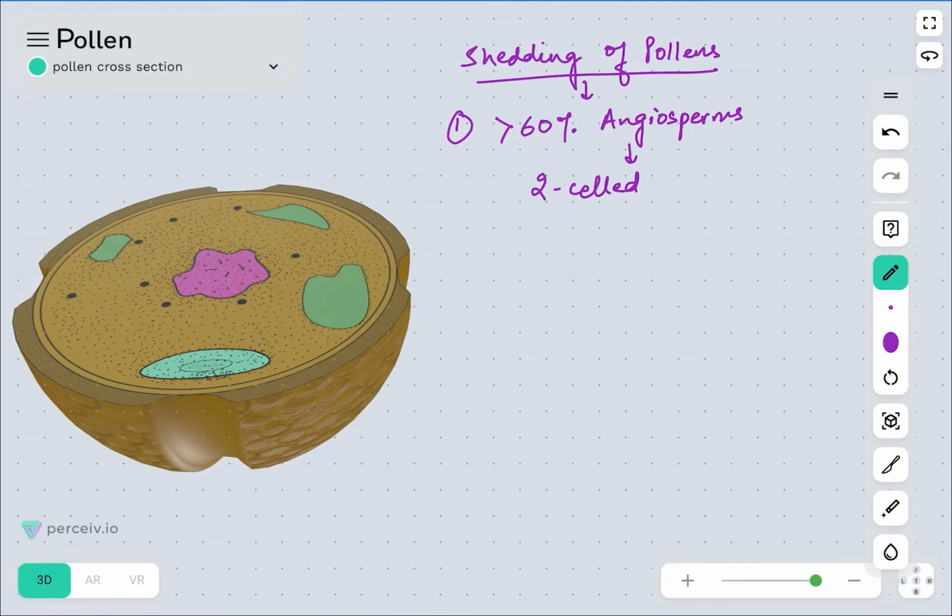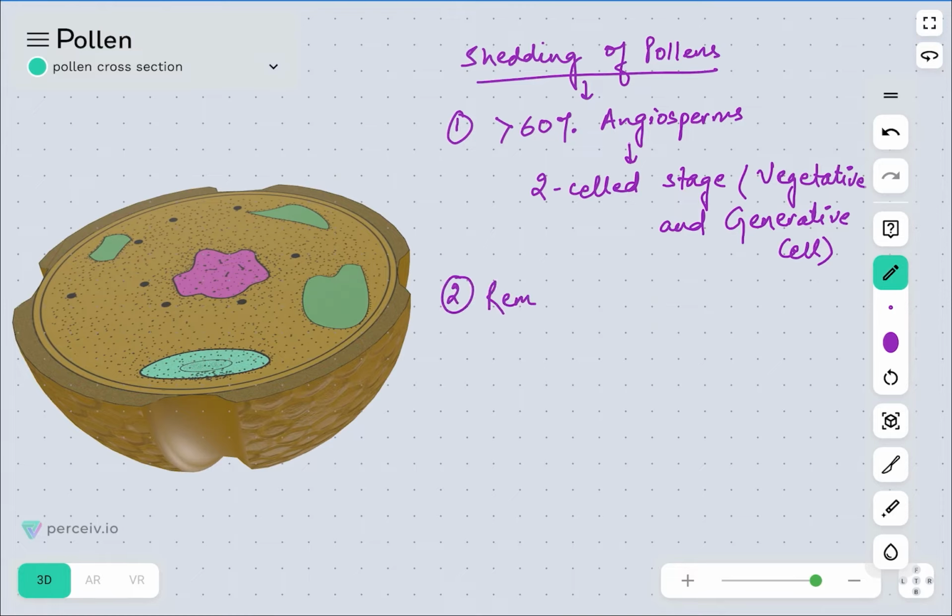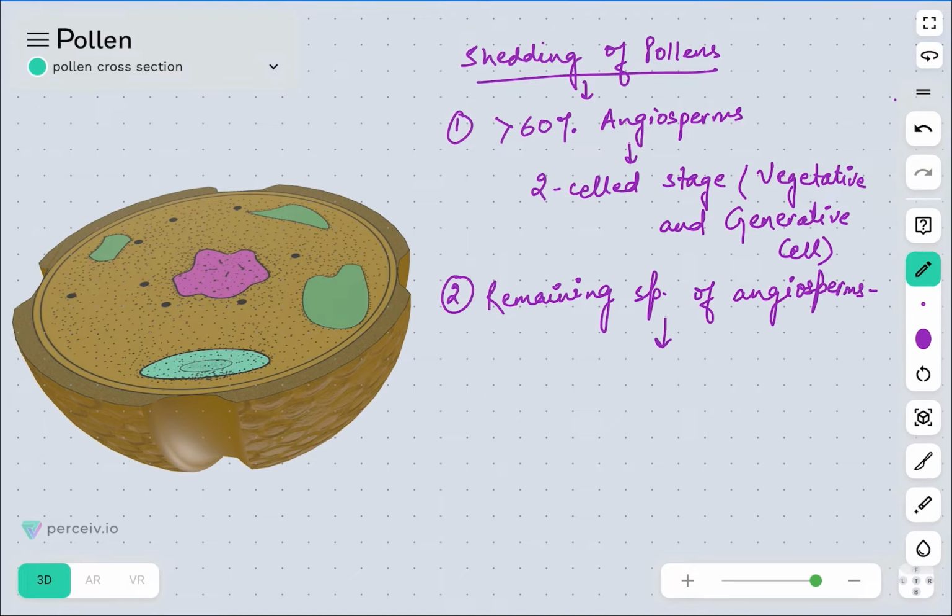The entire description of the content is already provided in the description section of the video link, so you can go through it. The 2-cell stage, we have already seen, is the vegetative cell along with the generative cell. But in the remaining species of the angiosperms, the shedding usually takes place at the 3-cell stage.